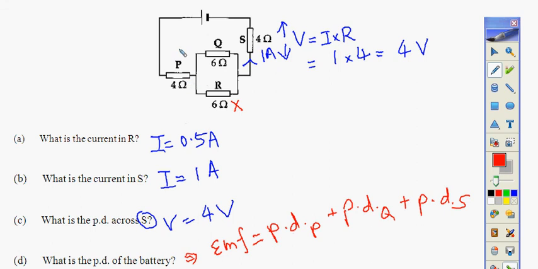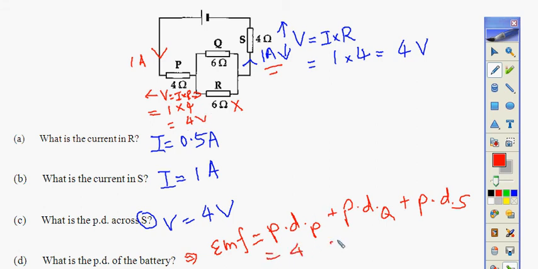In a series connection, the current is the same. So if this is 1 ampere, the current through P will also be 1 ampere. Using V is equal to I times R across P, the potential difference across P is 1 times 4, so the answer is 4V. We can fill in this part as 4.